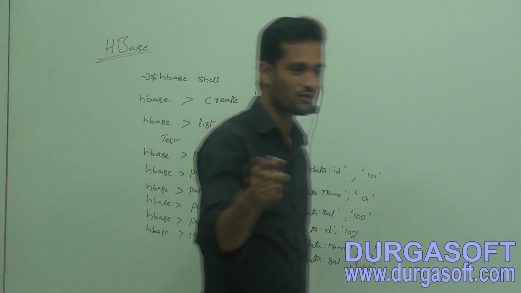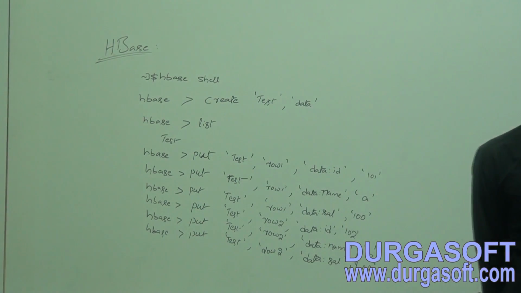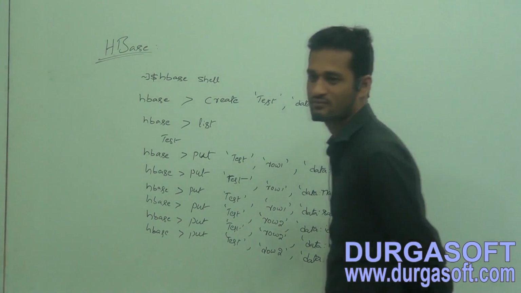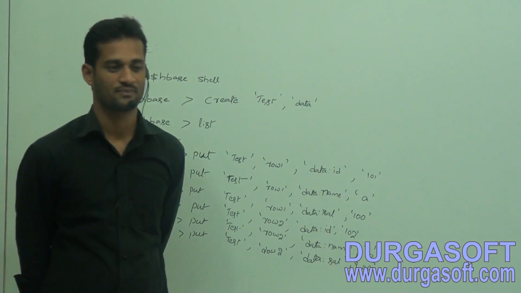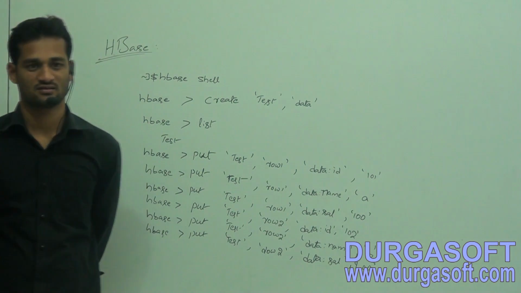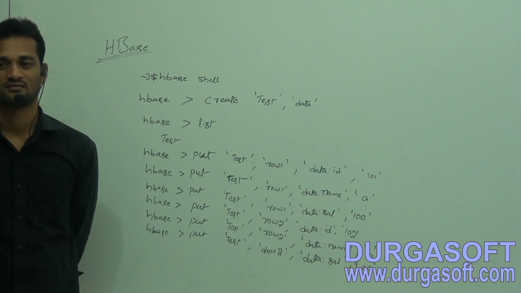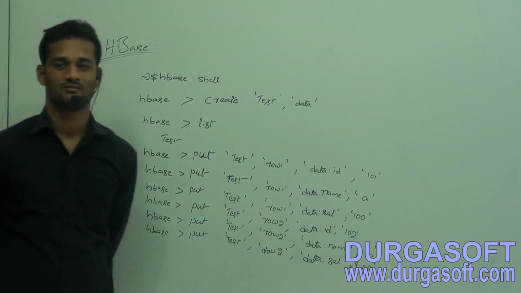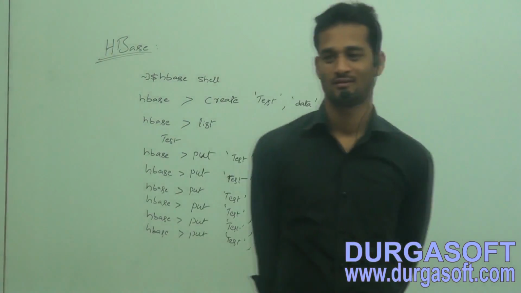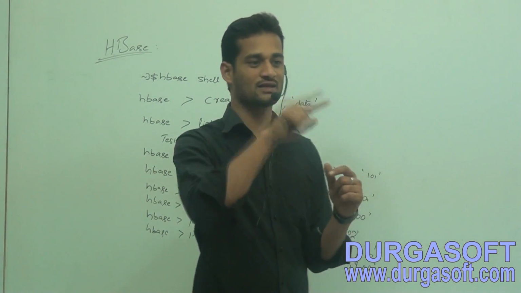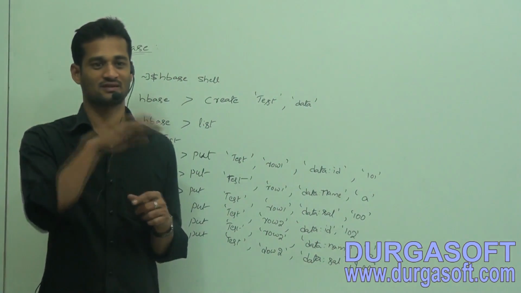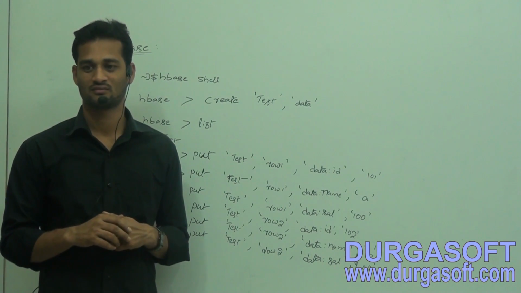Take the row formatted data table we have already seen. How many rows are there in that? 2 rows. Next to that, column formatted data is there. How many rows are there in that? 2 rows only. Row means not ID, not name, not salary. If you see something like this, it is a row only.